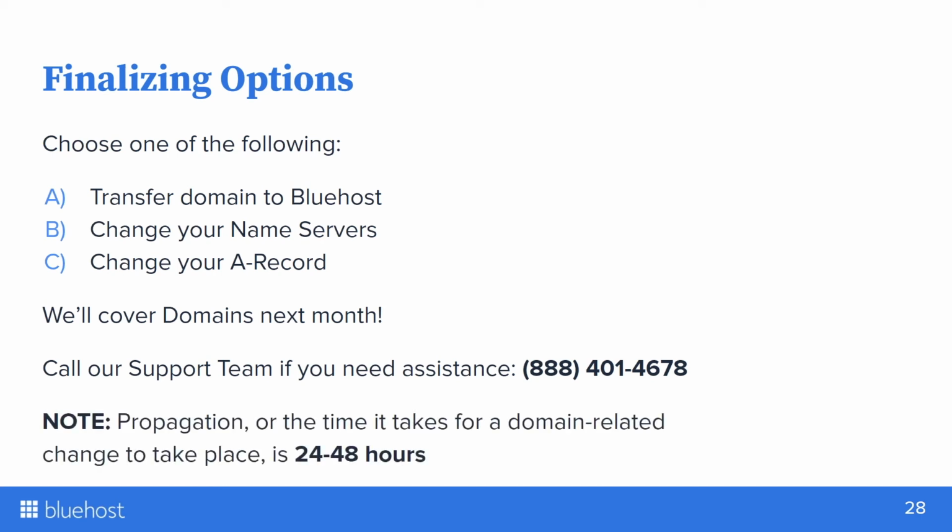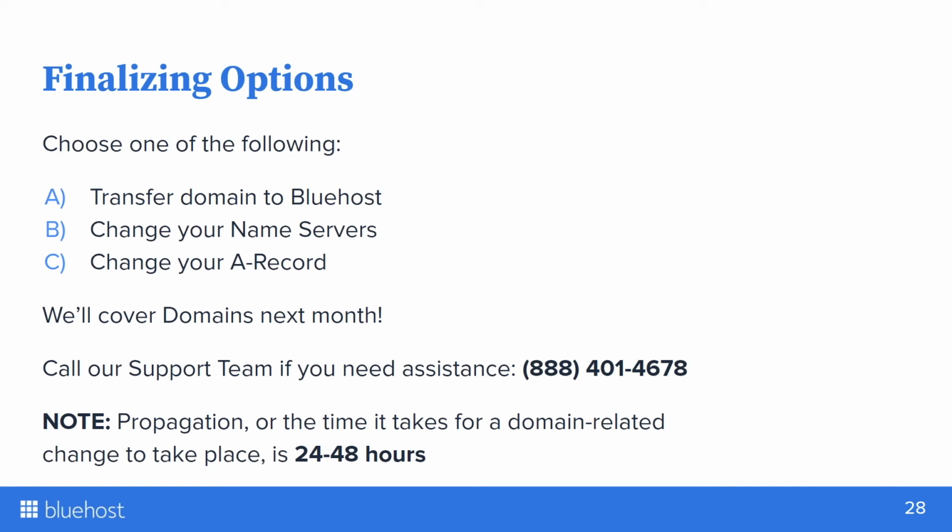Usually when you do any of these three options that I detailed above, there's something called propagation time, which is really just the amount of time it takes for these changes to take place across the entire world, because it's the World Wide Web. There's a bunch of servers all over the world that need to update at the same time to say, okay, this website's now pointing to Bluehost, and they all have to correlate with each other.